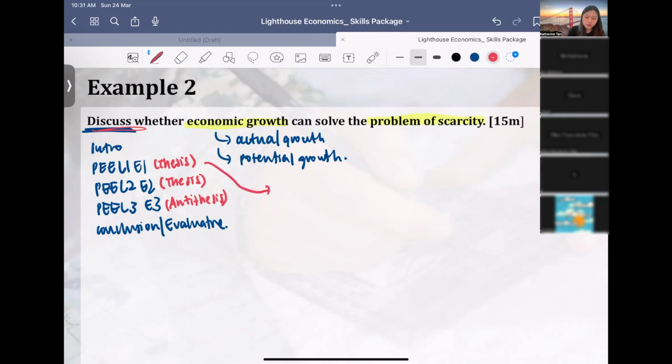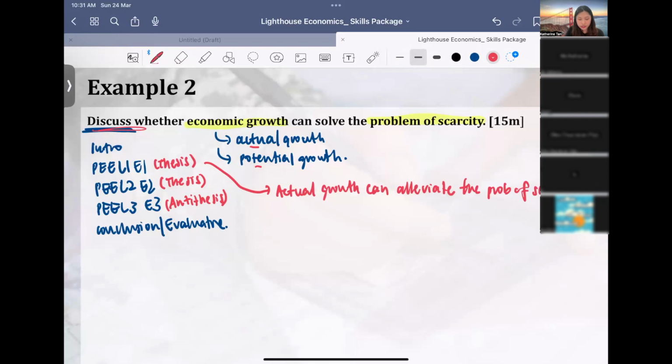So how are your thesis and antithesis going to look? Thesis means you agree, but you remember scarcity cannot be solved. So how do you agree with the question? In terms of economic growth, maybe you can say actual growth can alleviate the problem of scarcity.